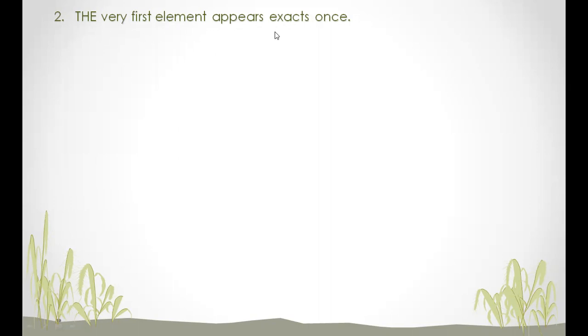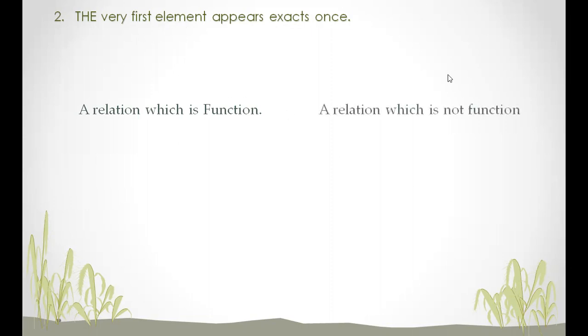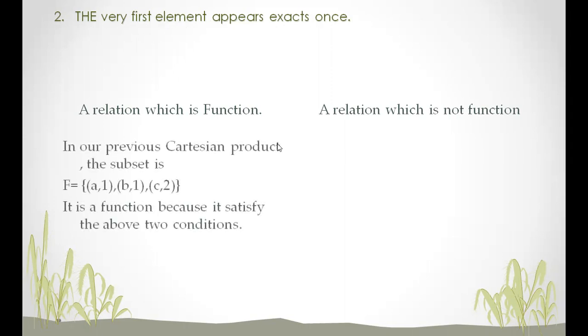The very first element appears exactly once in a relation. Now we see a relation which is a function, and a relation which is not a function, because learning about functions and relations is most important.